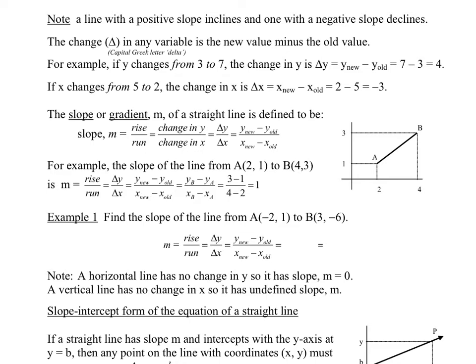So if we do that, we can substitute in like this. Notice what we've got. We've got the negative 6 minus 1 on top. On the bottom, again, it's the new x. We think of this as the new point, point B. It's 3 minus negative 2. And if we do that calculation, what we should get is negative 7 over 5. And that's our slope.